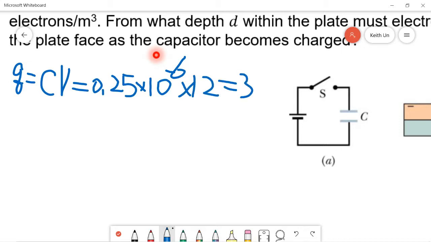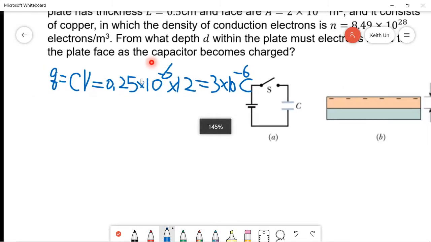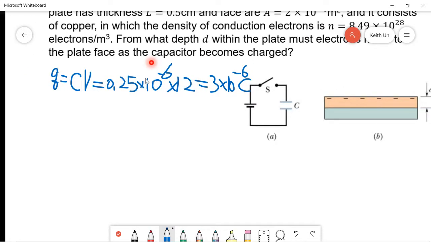So it will be 3 times 10 to the minus 6 coulomb. Better to look at the PowerPoint, the resolution is too low. So this is easy.